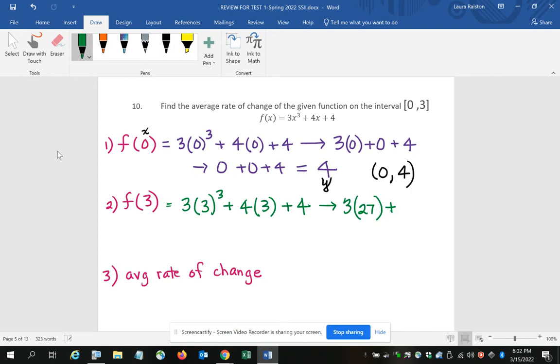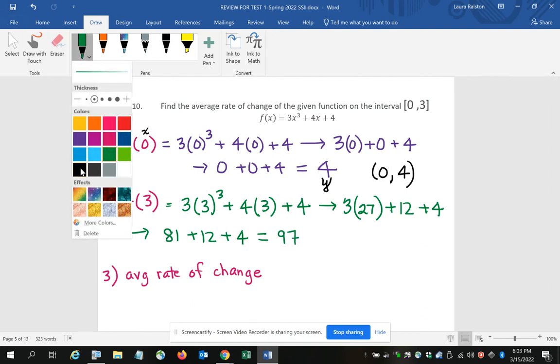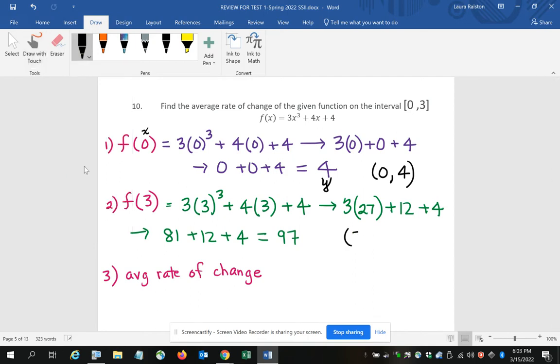Plus 4 times 3 is 12 plus 4. 3 times 27 is 81 plus 12 plus 4. So 81 plus 12 is 93, plus 4 is 97. So for that one, I have the ordered pair 3 comma 97. Again, the x, my input, was the 3, my output is the y.